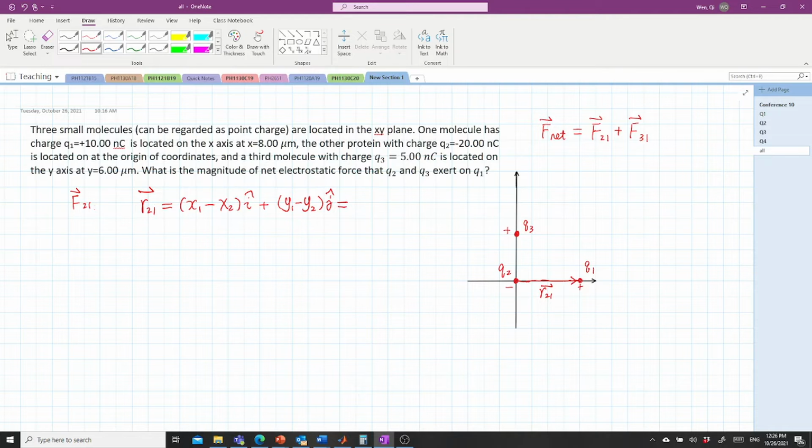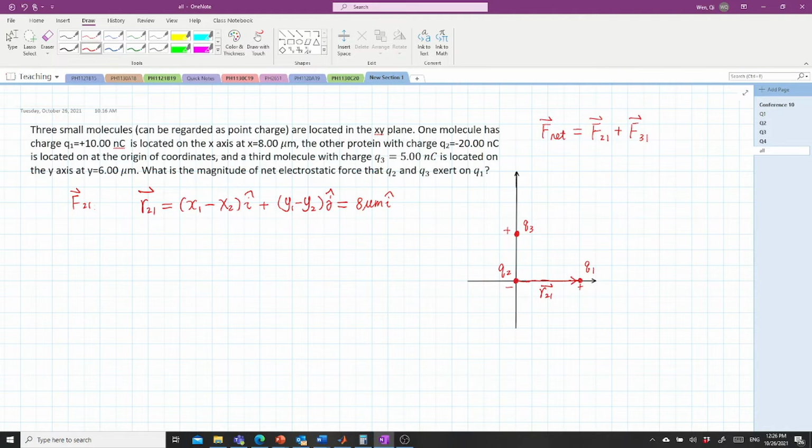Because Q2 is at the origin, x2 and y2 are both equal to 0, so I will skip the math a little bit. This gives us 8 micrometers I hat. We can verify that R21 is pointing to the right along the positive x direction. This is correct. So the magnitude, the distance, will be 8 micrometers.